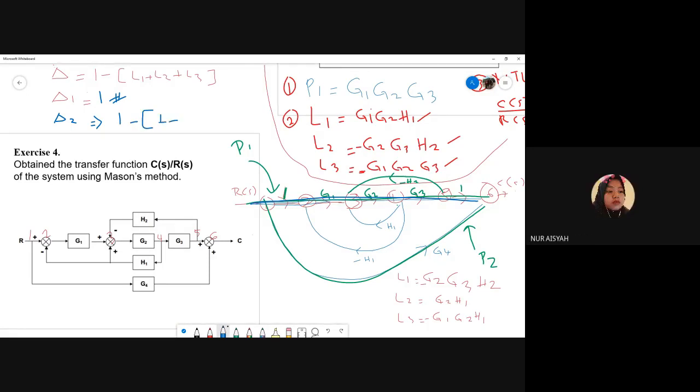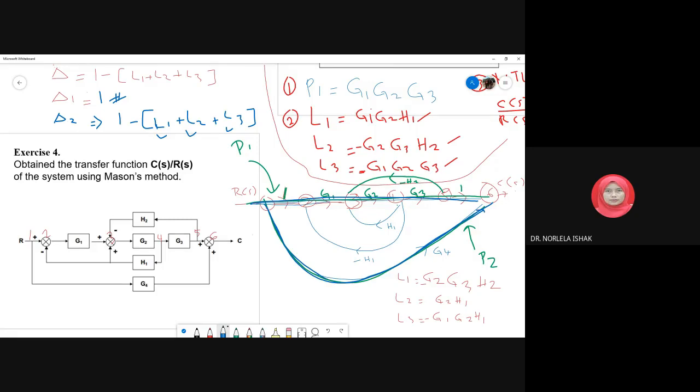So for the forward number 2, all the loops are non-touching with the forward path. Is it correct? Yes. Okay. So meaning we include all loops into the cofactor number 2, right? L1 non-touching, L2 also non-touching with forward 2, and L3 also non-touching with this forward, right?